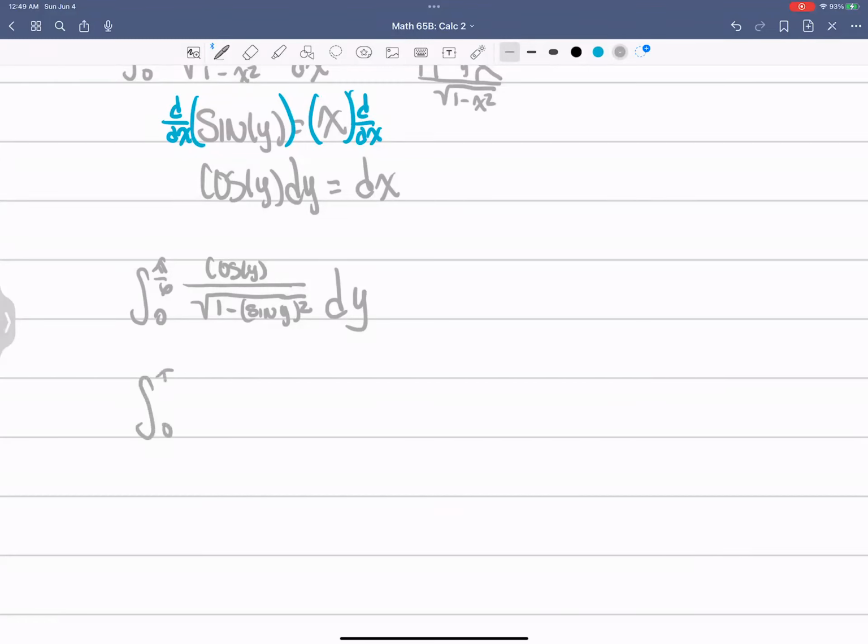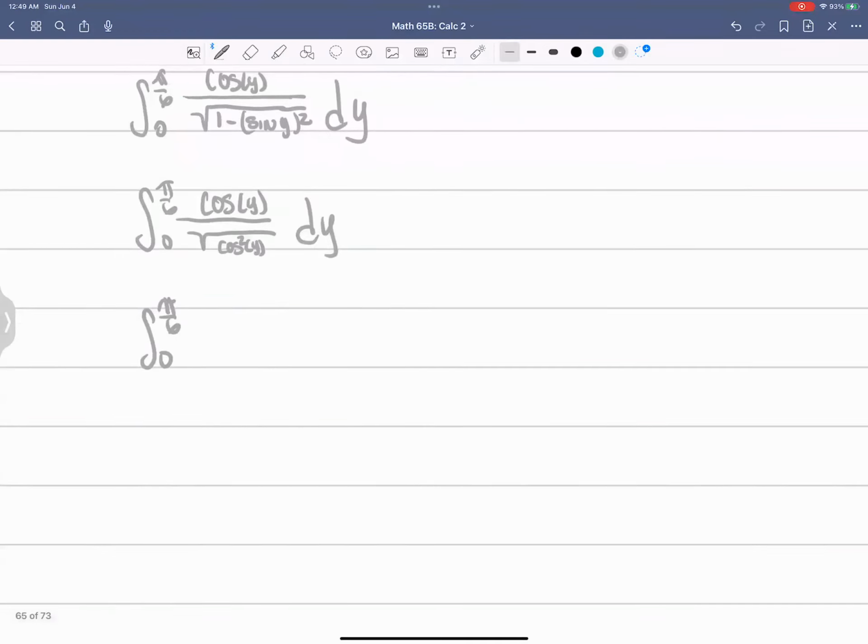From 0 to pi over 6, cosine y over the square root of 1 minus sine squared, which is actually cosine squared y dy. Cosine divided by cosine is 1, so we have 1 dy.